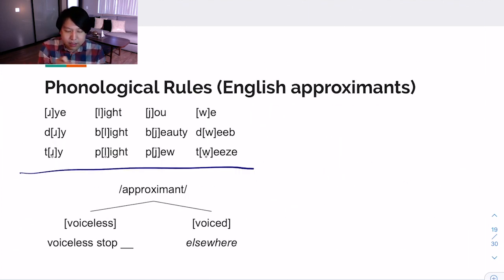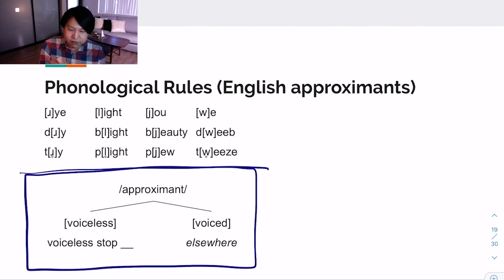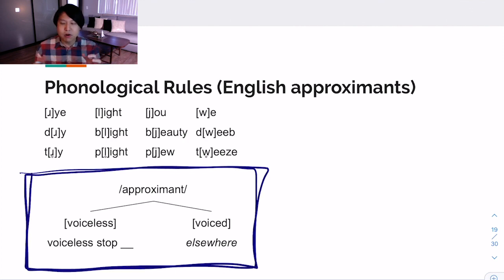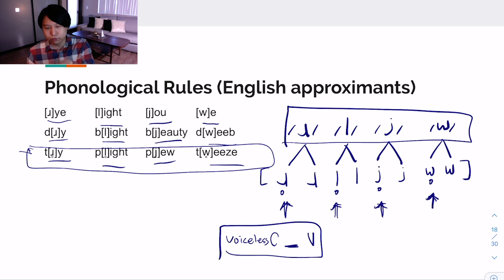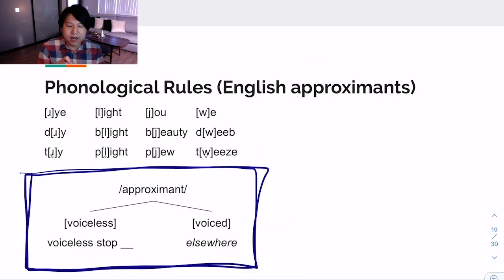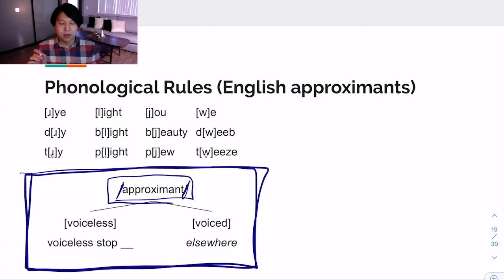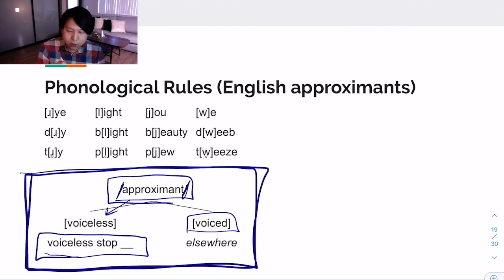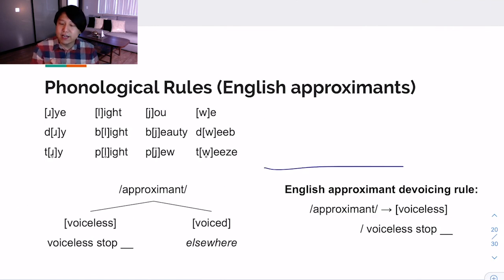So this diagram summarizes all these four rules into one. That English approximant is a phoneme that becomes voiceless when it comes after a voiceless stop, and it becomes voiced elsewhere. Therefore, the voiced version is the default version of these sounds.